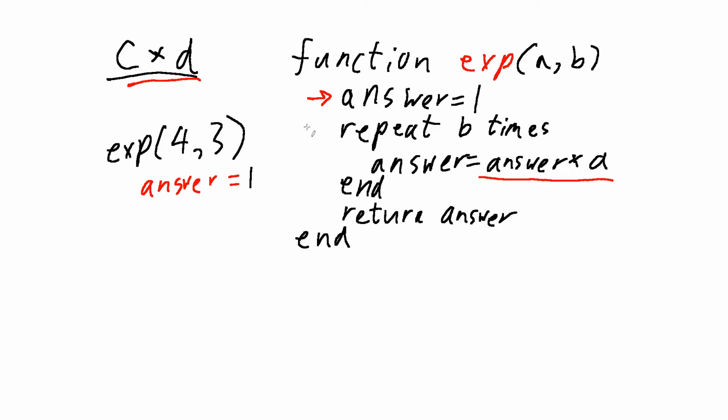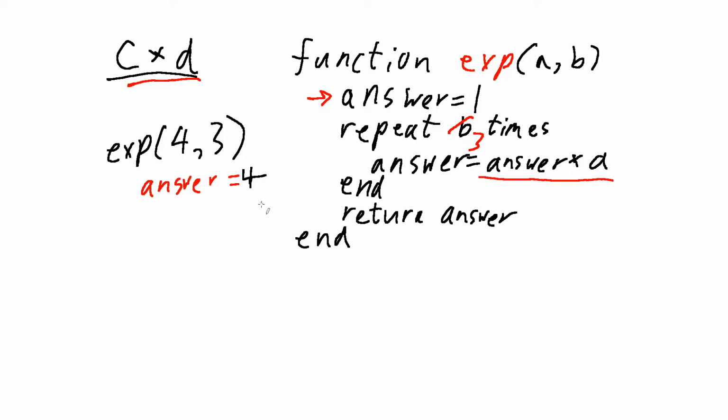Then repeat b times, and this is just 3 because our second argument, our exponent, is 3. So on the first iteration we will do answer equals answer times a. So answer equals 1 times the base a, which is 4. So 1 times 4, and that's just equal to 4.